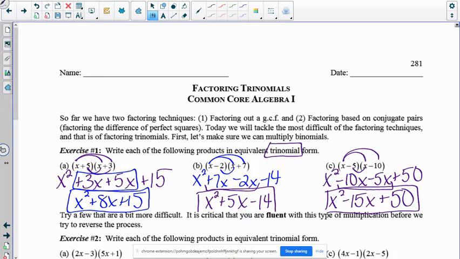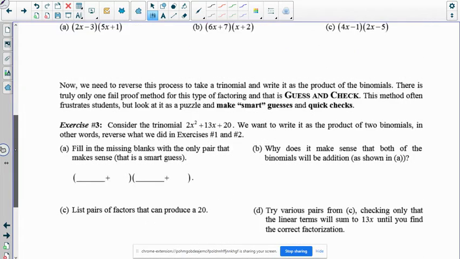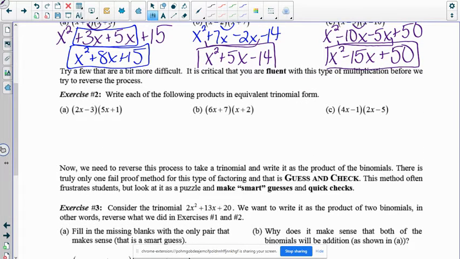Now we're going to go into some other ones that just have more numbers because I've got coefficients on my first term. Don't forget, we multiply first. I'm multiplying my terms first, and then I combine, which means add or subtract depending on your signs.